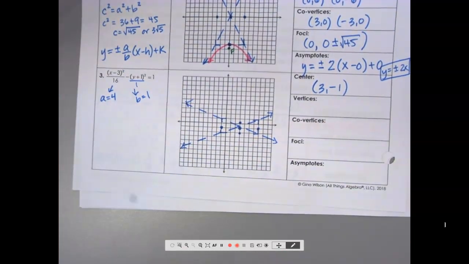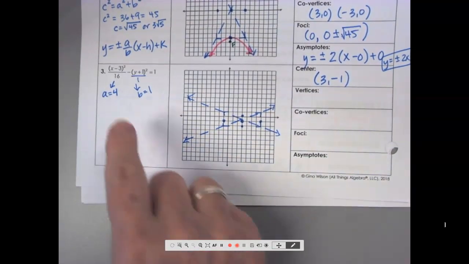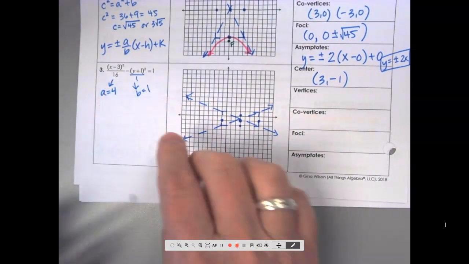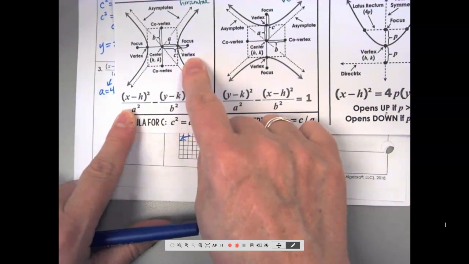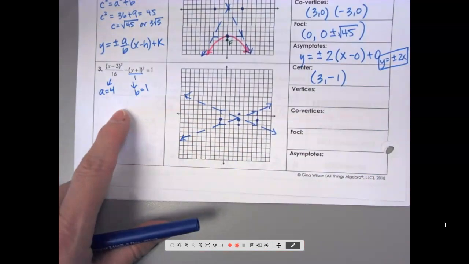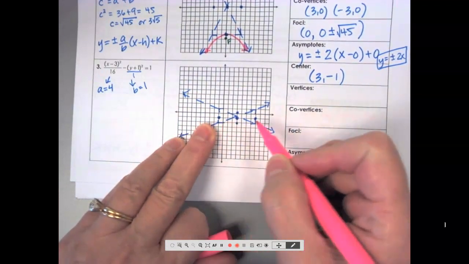Is this vertical or horizontal? The curve itself. X is positive, so it is horizontal. Okay, so the curve will be formed from these two vertices that I went left and right.